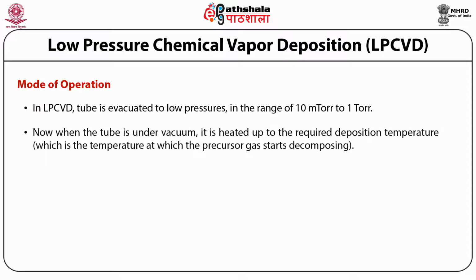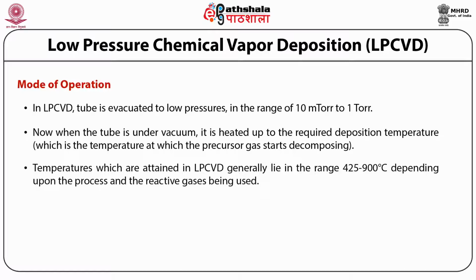Now, when the tube is under vacuum, it is heated up to the required deposition temperatures. Temperatures which are attained in LPCVD generally lie in the range of 425 to 900 degrees Celsius, depending upon the process and the reactive gases being used.